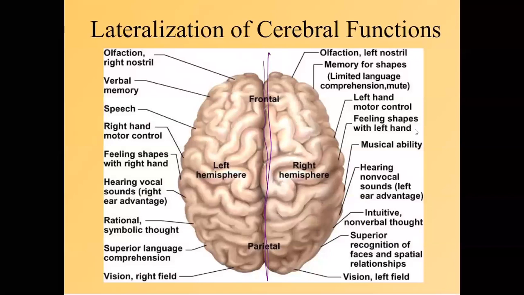Left brain is things like rational symbolic thought, superior language comprehension, verbal memory. Then the right side has things like feeling shapes with the left hand, memory for shapes, musical ability, whether you can hear non-vocal sounds, intuitive nonverbal thought, faces and spatial relationships.